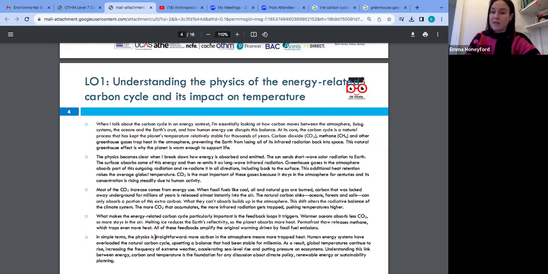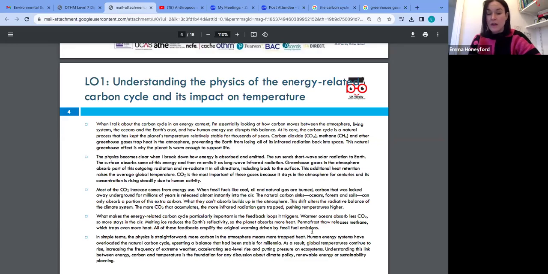So all of these feedbacks amplify the original warming driven by fossil fuel emissions. In simple terms, the physics is straightforward: more carbon in the atmosphere means more trapped heat. Human energy systems have overloaded the natural carbon cycle, upsetting a balance that has been stable for millennia. As a result, global temperatures continue to rise. This increases the frequency of extreme weather, accelerates sea level rise, and puts pressure on ecosystems and biodiversity.